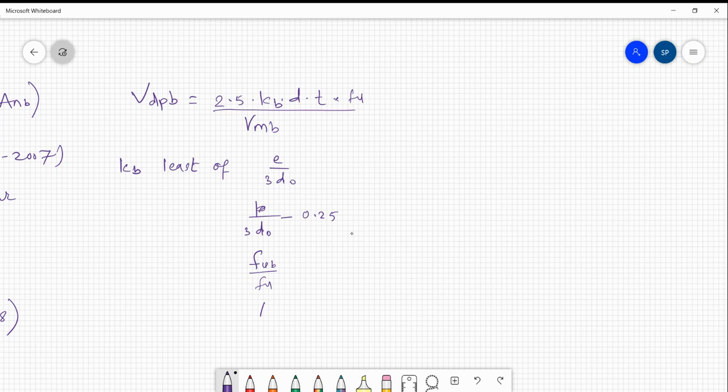Here to decide thickness of gusset plate, you have to keep in mind that it should be either equal to thickness of member to be connected, or it should be greater than that.